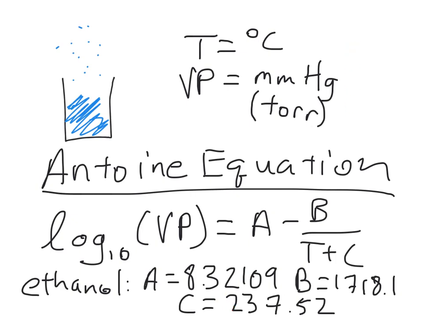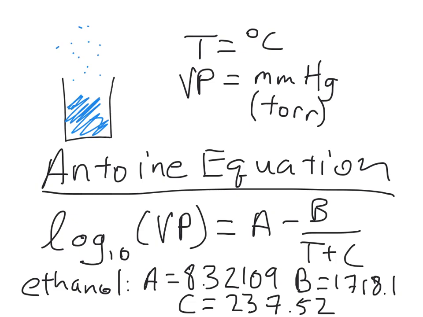Now, one caveat I have to mention is that not all Antoine equations use the same units. So these are probably the most typical units here for temperature and vapor pressure, but these are not the only units that an Antoine equation might use. I have seen sometimes Antoine equations where the temperature has been in Kelvin, or the vapor pressure might have been in kilopascals.